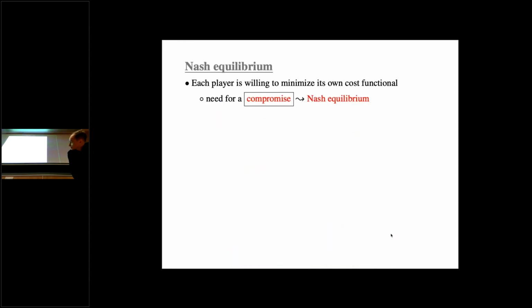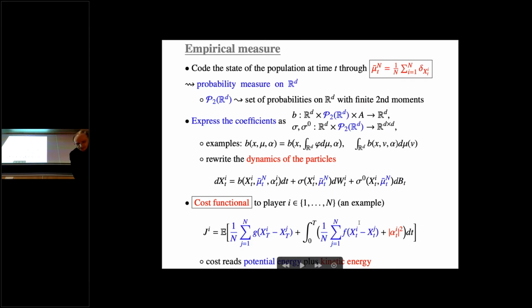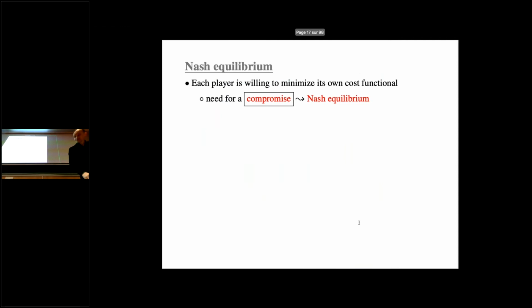Okay, now the question is: in this particle system, I want to find an equilibrium. And as I told you before, there could be several ways to define an equilibrium. The very first notion that I'm going to introduce and use is the notion of Nash equilibrium. So this is a notion of compromise.